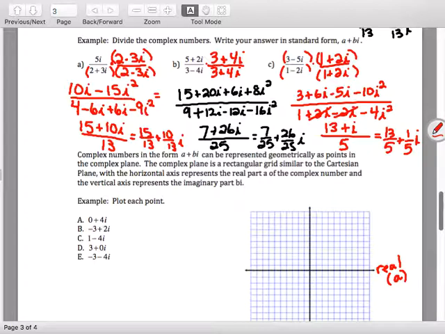The vertical is the imaginary part, or the b. So when I say I have a plus bi, you're actually going to plot like we did, so it looks like the x and y axis, but we're going to call it the real and the imaginary axis.